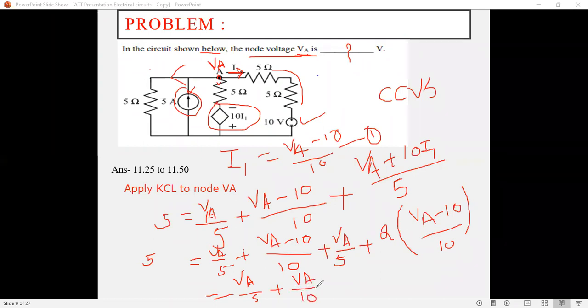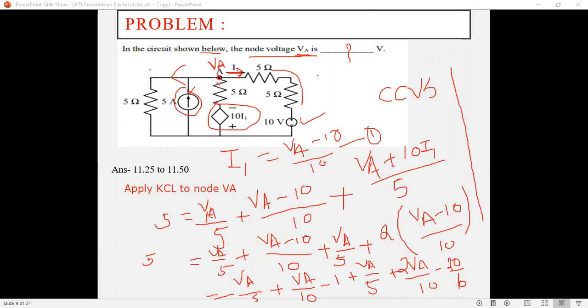I will again separate here, then minus 10 divided by 10 is nothing but 1, plus VA divided by 5 plus 2 VA divided by 10, minus 10 into 2, 10 into 2 is nothing but 20 divided by 10. Okay, just simplify this. Let's see what comes. Take VA common.